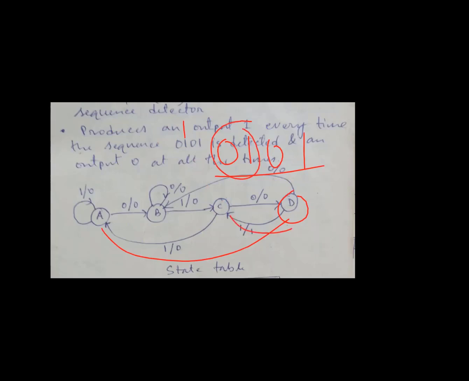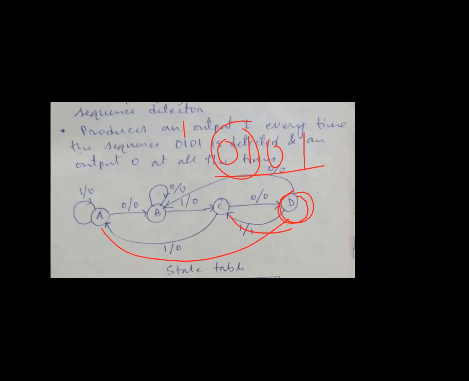But remember one thing: to repeat the sequence in the last state, here D is the last state, if we need to get back the whole sequence from the initial state, then we go back to the initial state.